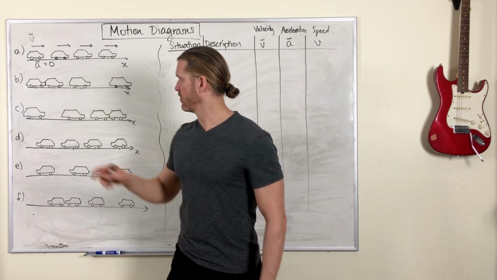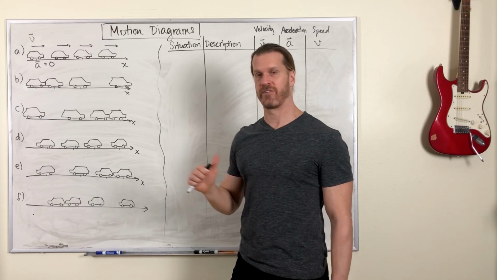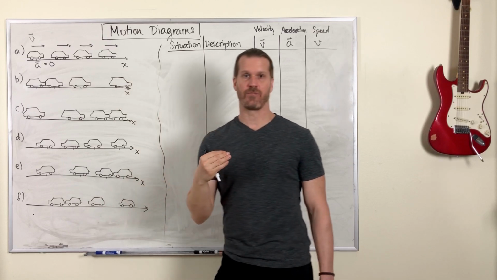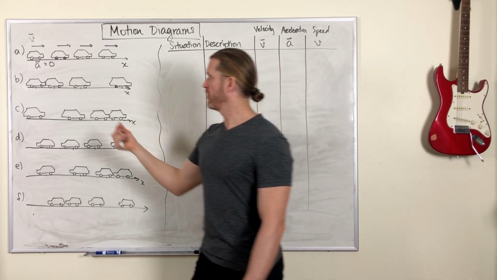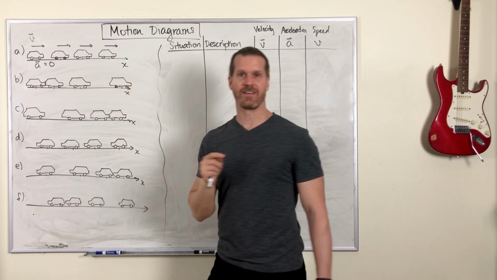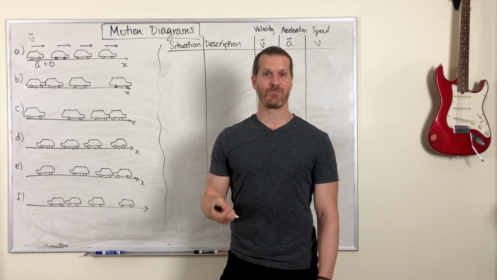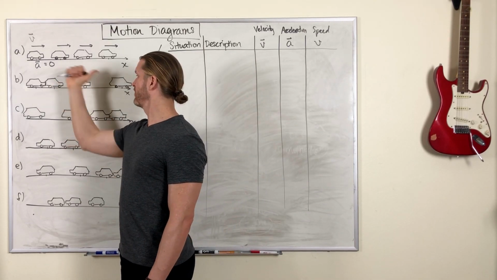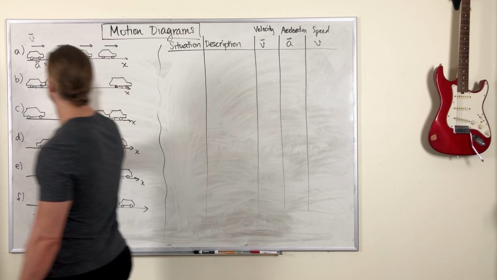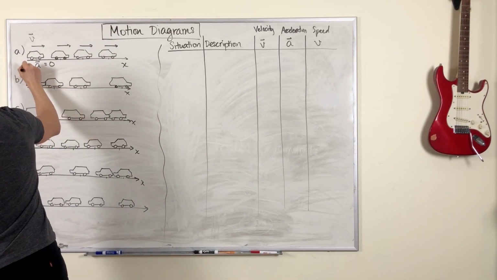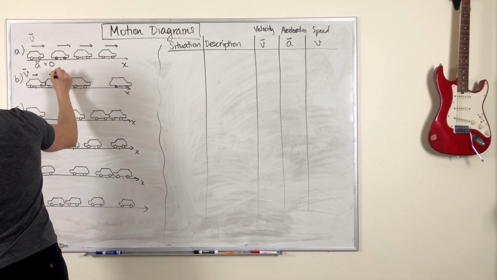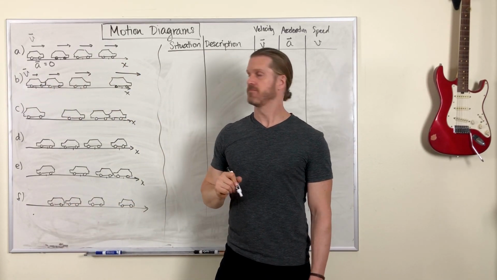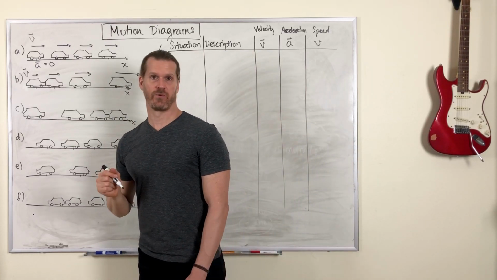Now in picture B, we have the same coordinate system where x is positive to the right, and I've drawn the car at equally spaced time intervals. Now notice that the car is getting farther and farther away each time. That means its speed is increasing. So its velocity is still going to the right the whole time. So I could draw its velocity vectors as getting bigger and bigger, but still pointing to the right the whole time.